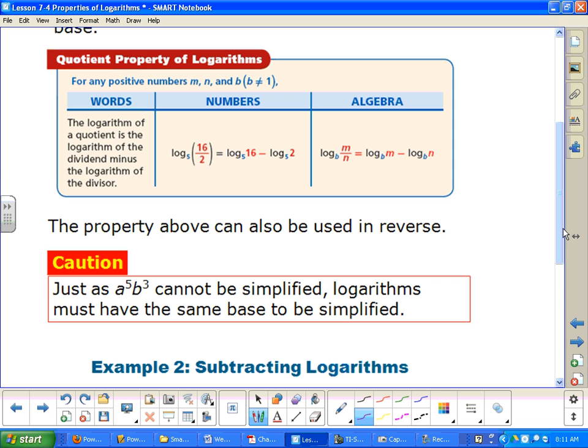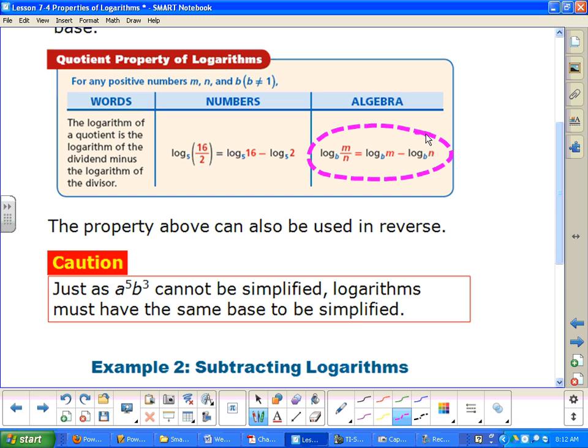And so this one says that the log base b of m over n is equal to the log base b of m minus the log base b of n. There's that exponent rule. Okay? When we have a quotient, we subtract the exponents. Because remember, when I do a logarithm, I talk about exponents. So basically all we're doing is we're subtracting exponents here.